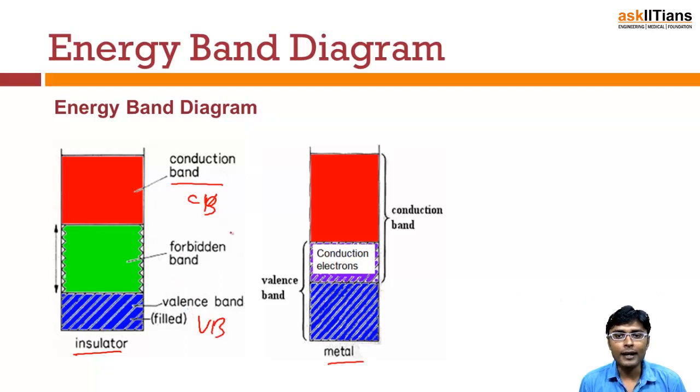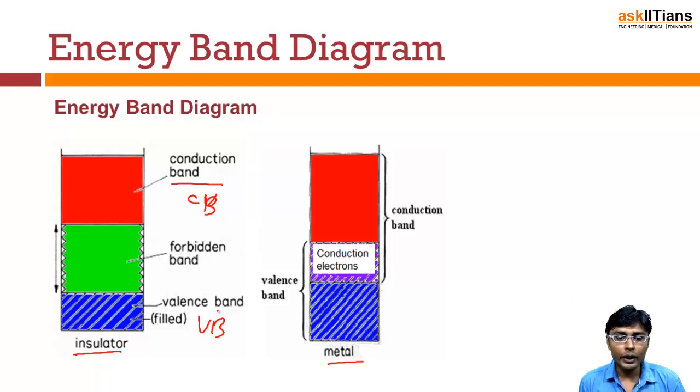Now what is the conduction band? The conduction band of any material represents the range of energy where electrons lie and are freely available for conduction. So all the electrons in the conduction band are responsible for the electrical conductivity of that material.